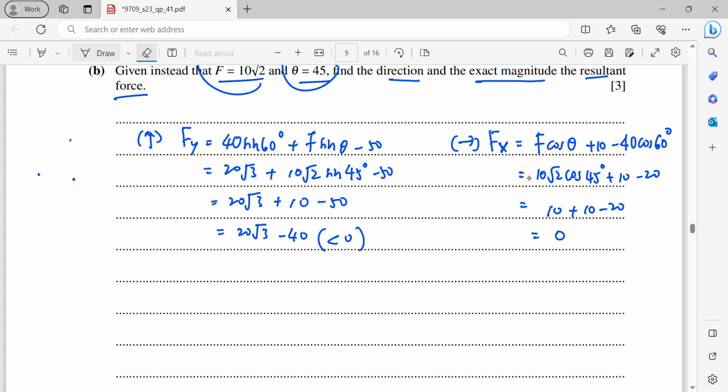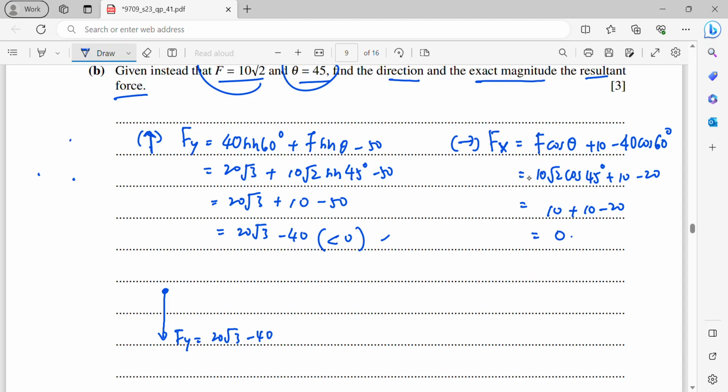This is the total vertical force. It is negative. I assumed upwards as positive, so now you get negative, which means it is facing down. So my Fy is basically 20 square root 3 minus 40. And then Fx is 0, which means it does not have a horizontal force.